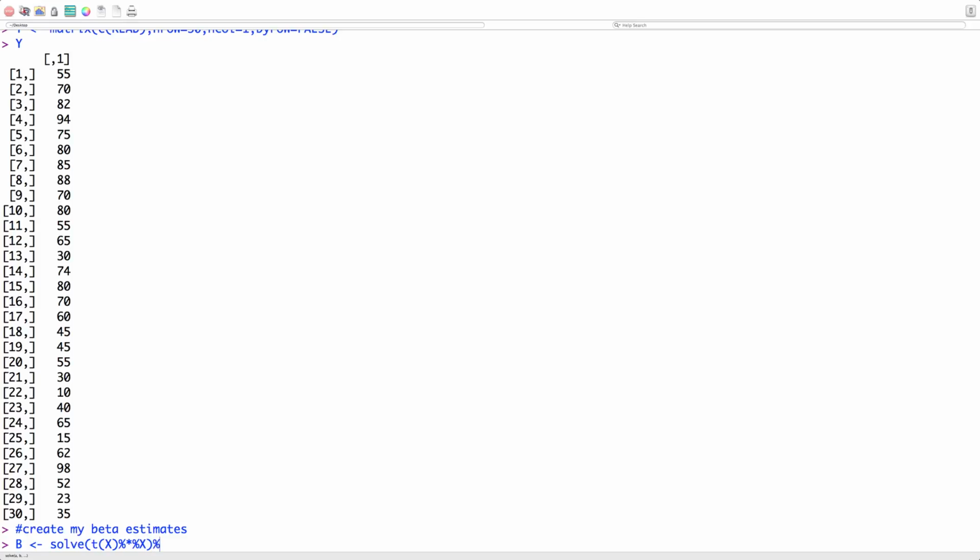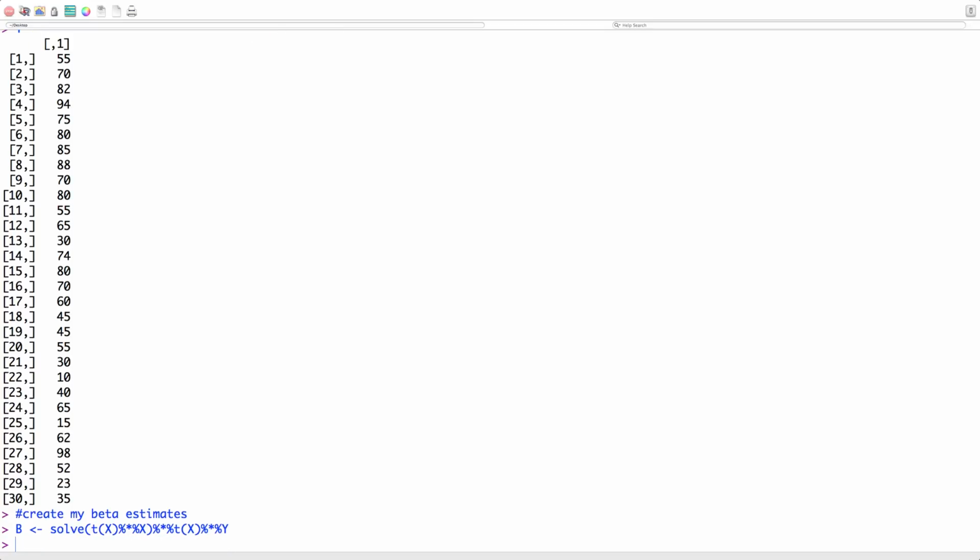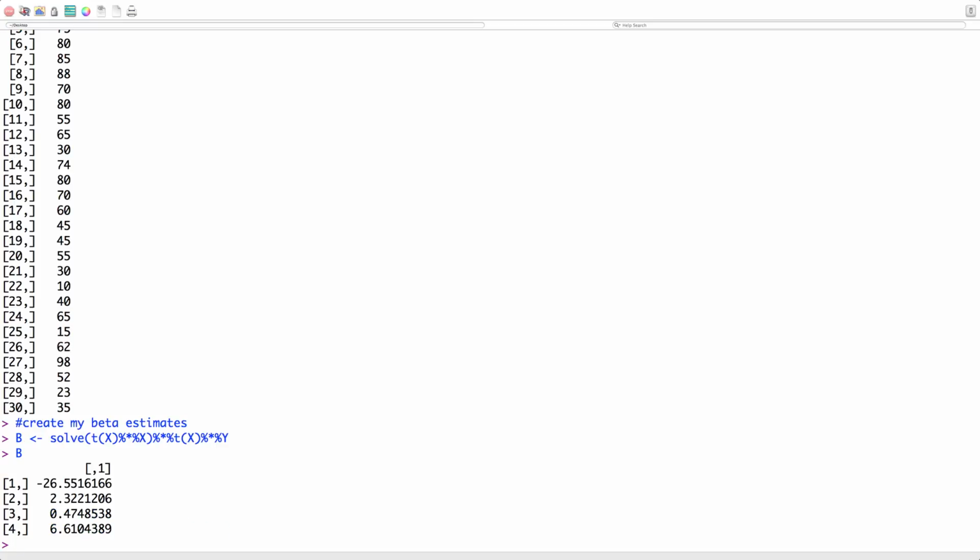Well, the next thing I need to do is take the transpose of X again, and then take my Y matrix. So guys, now we can see that we have beta equal. Notice we have four values.